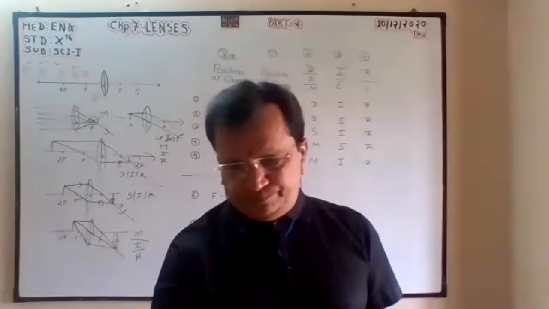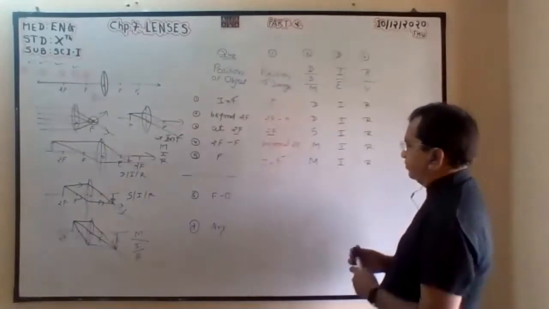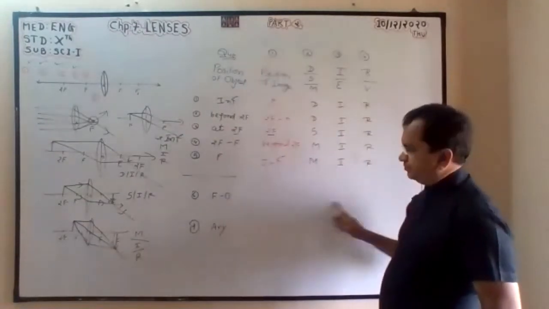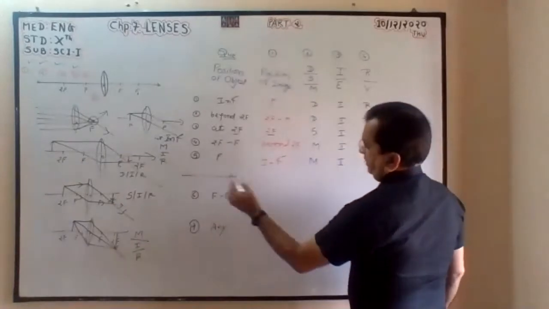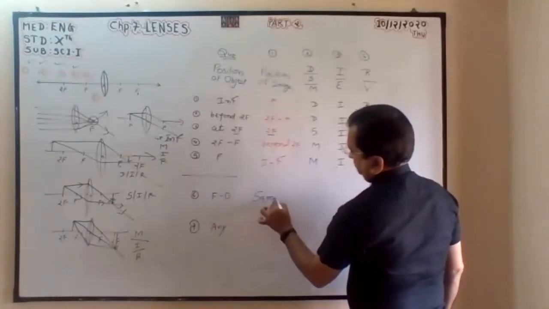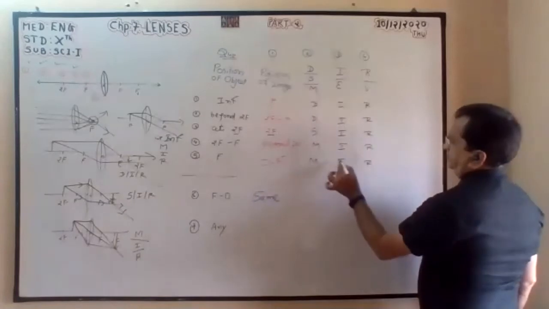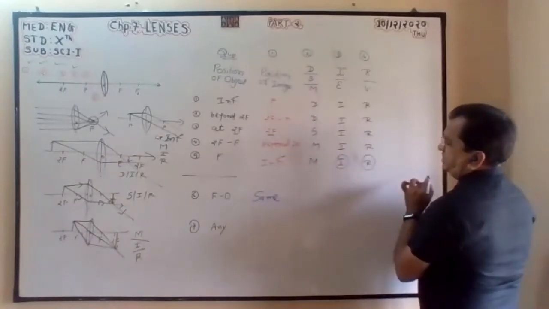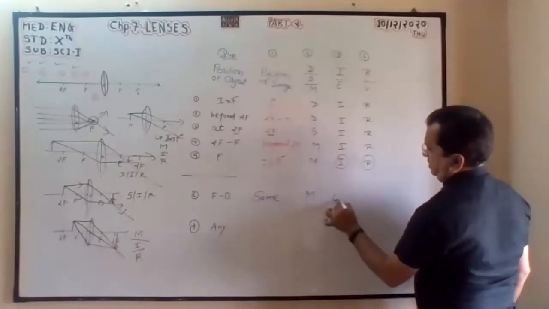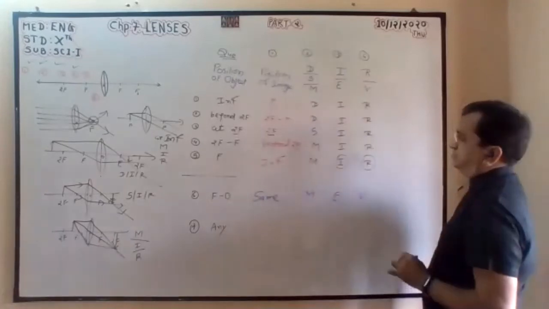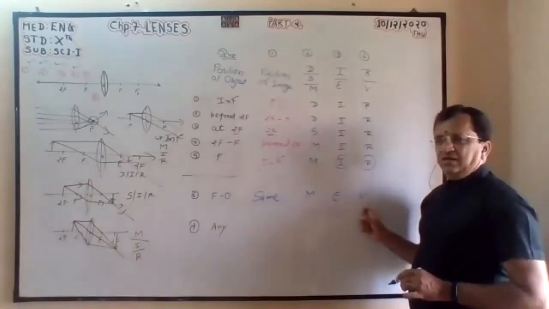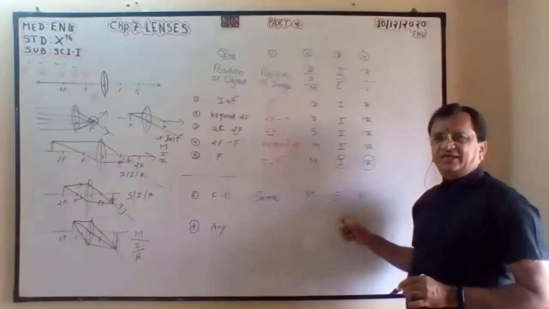Now this is on the same side. Now these 2 you will change. So it is MEV: magnifying, erect, virtual.